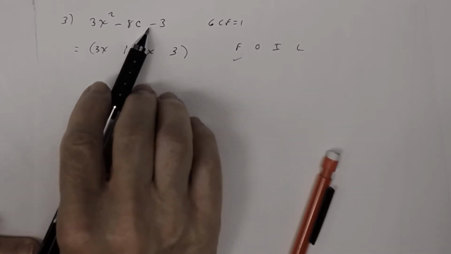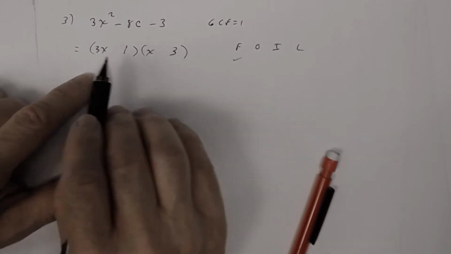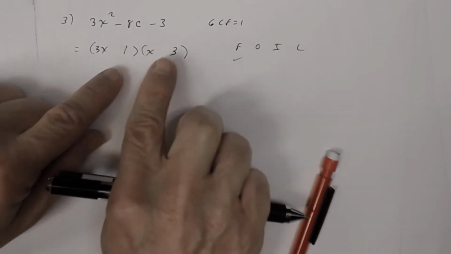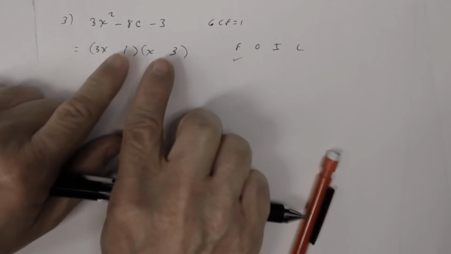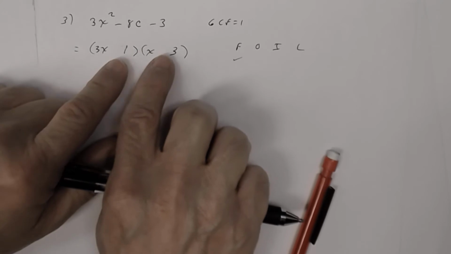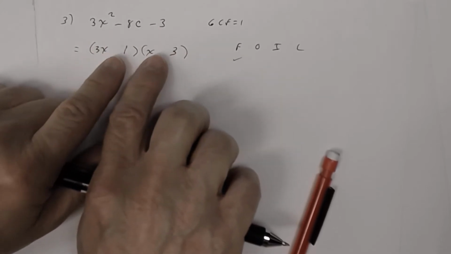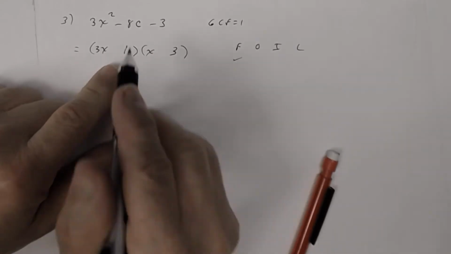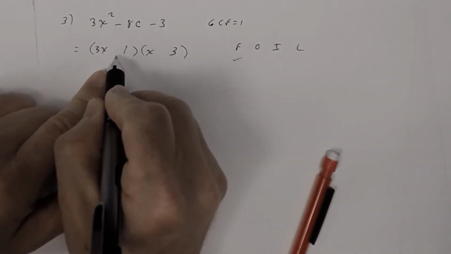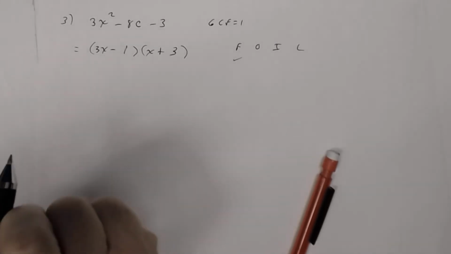Now here's the other thing you've got to think. My last sign's negative. Remember when you did the distributive property, when you foiled, the last times last gave you this term. Well, this product's supposed to be negative, right? The only way you can get a negative product is if one is positive, and I'm going to go ahead and make this one positive, and the other one's negative.